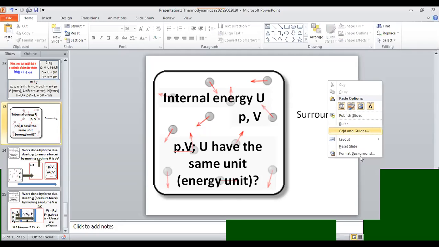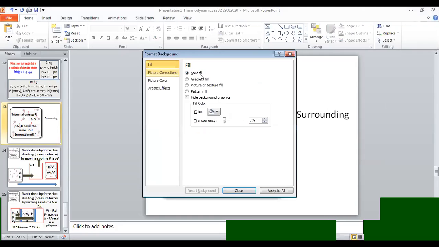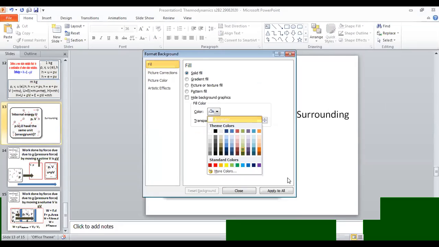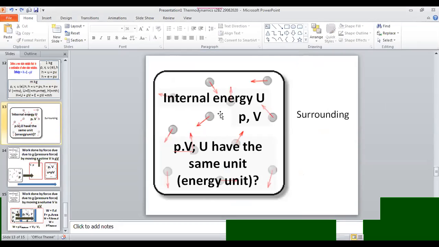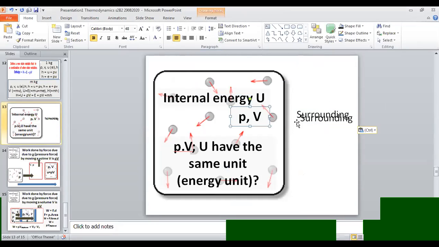So everything is surrounding. I leave it like this. White color is the surrounding. So the system is here. This is your system.